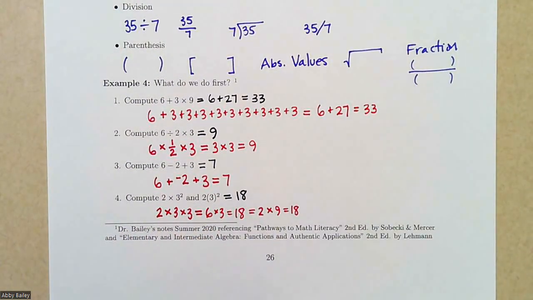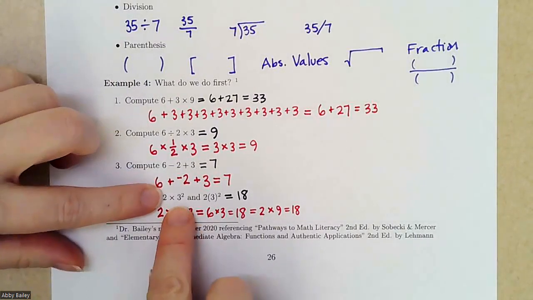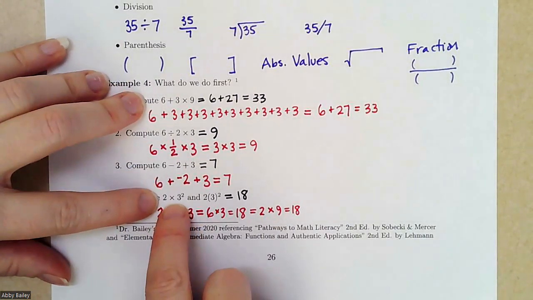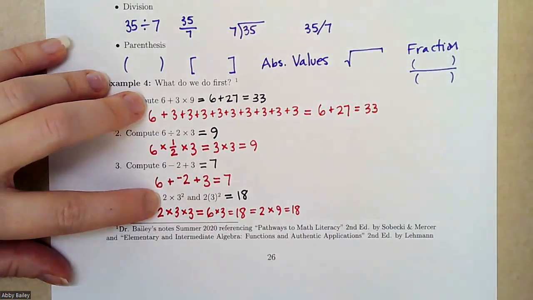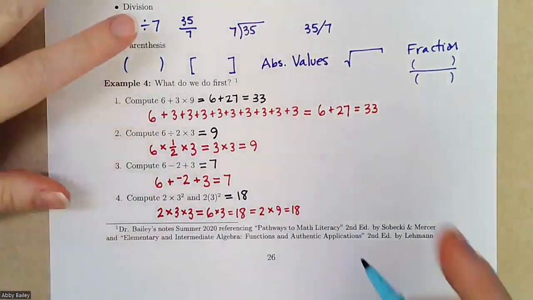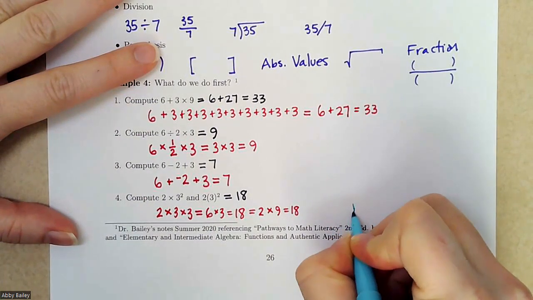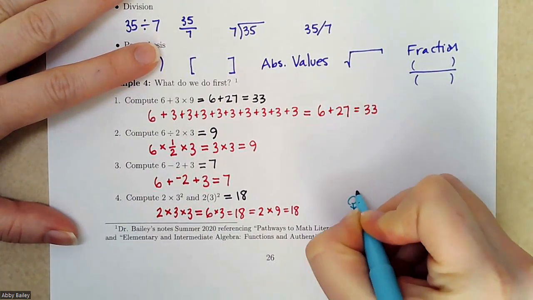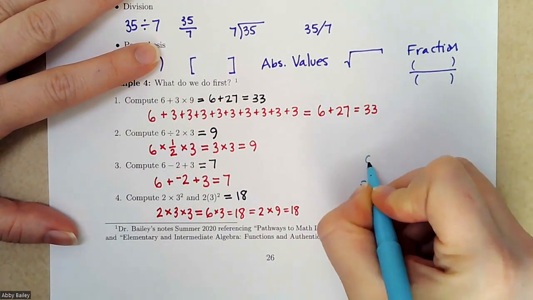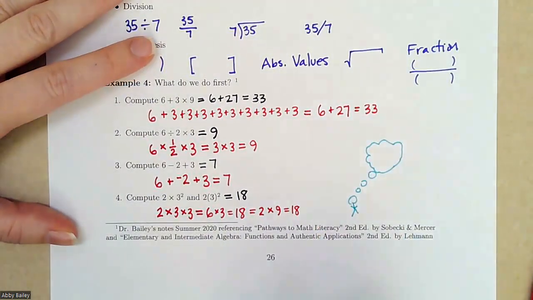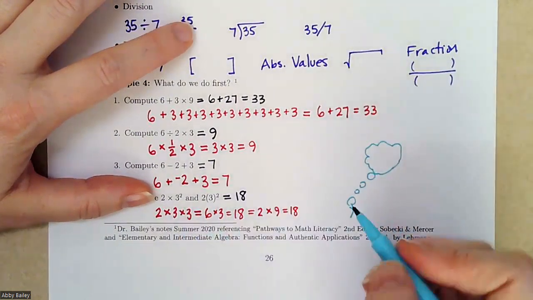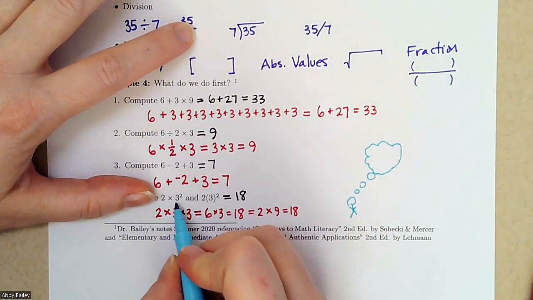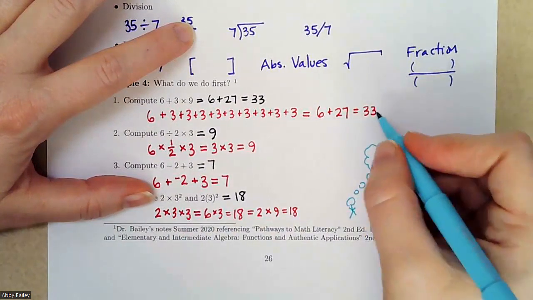And what I want you to be careful about here is not to do the multiplication before the exponents. Actually, 2 things I want you to be careful of. In my careful brain, I'm thinking, make sure that I accidentally don't do 2 times 3, which is 6, and then square.